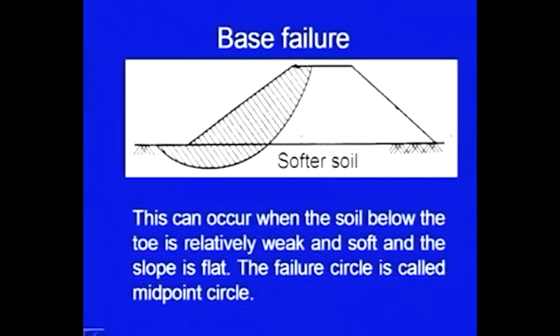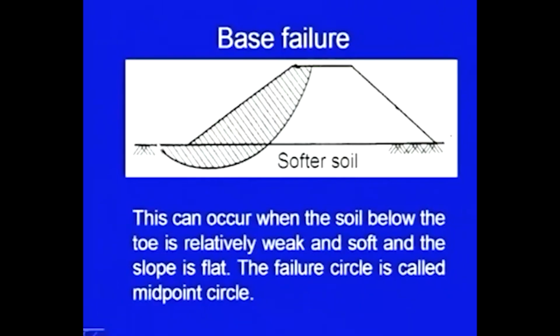The third case may be there when we have stronger soil in the embankment or in the dam, and in the base here the soil is a little bit softer. So it is easy for the failure surface to penetrate through the base, and in this case the failure surface will emerge out of the ground somewhere here, which will be some distance away from the toe.